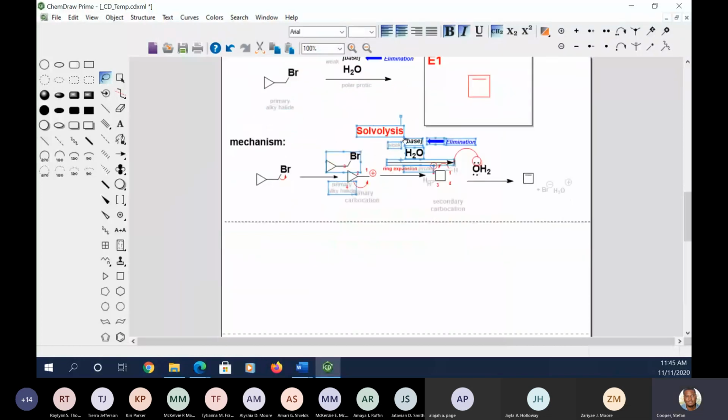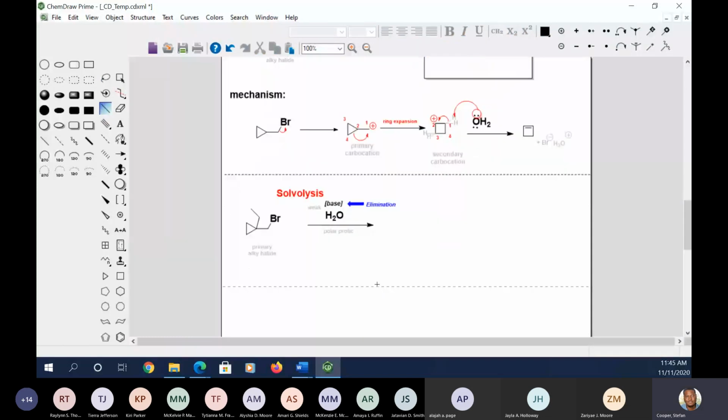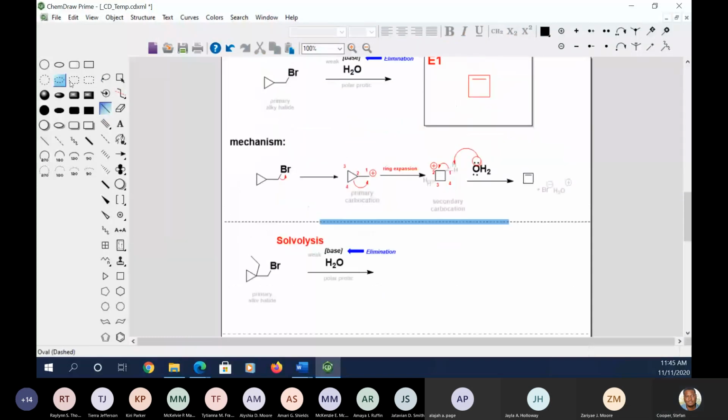What if I modify this, right? To where now there's no potential hydride shift. Okay. And we work out the major product here. Now what would the major product be?